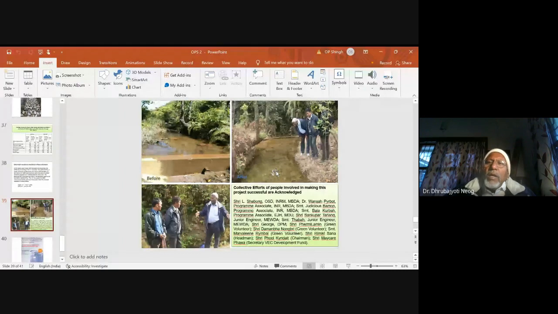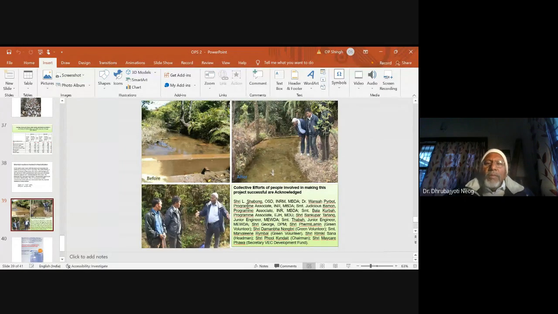which is the average value in Meghalaya. Encouraged by this improvement in water quality, the villagers wanted to take this water to their village, which was about half a kilometer away. They requested funds from different agencies, and they laid a pipeline from this reservoir to their village, and now they are using this treated water for their domestic purposes.